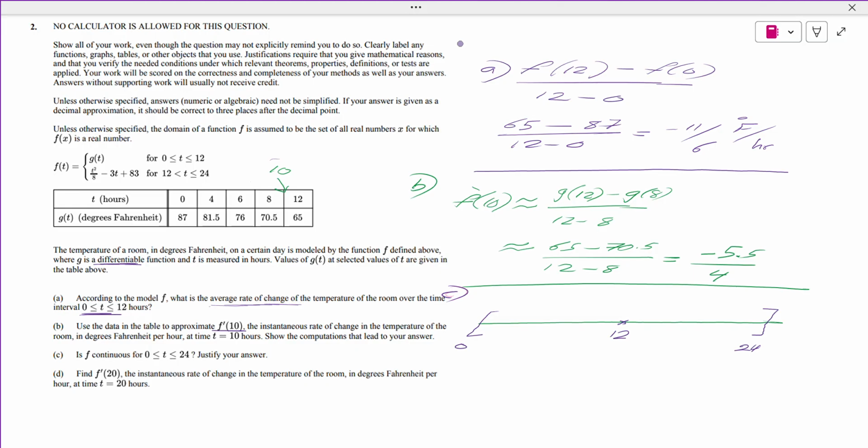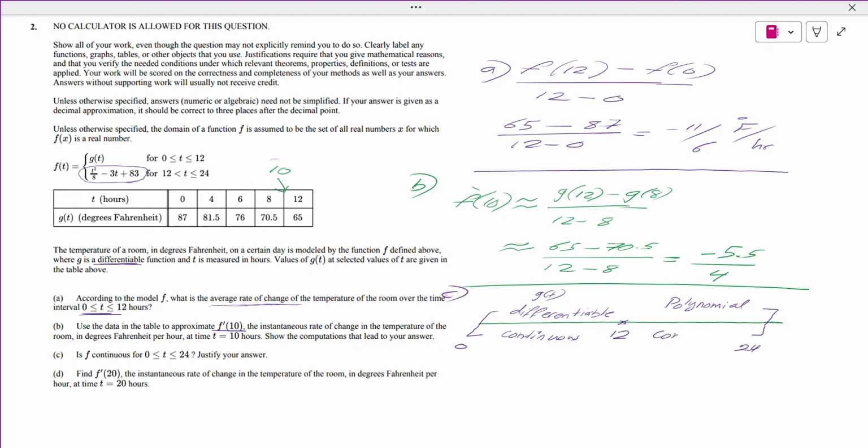From 0 to 12 we have g of t, which is given by the question as differentiable, which means continuous. And from 12 to 24, as you can see here, it is a polynomial.